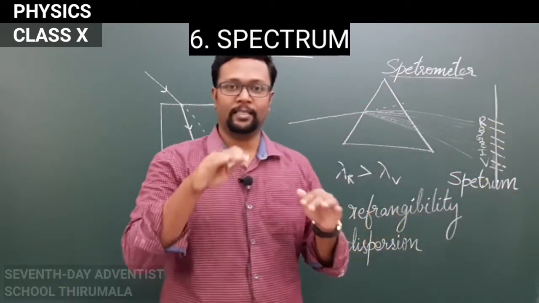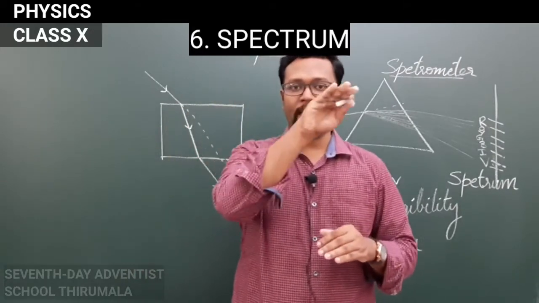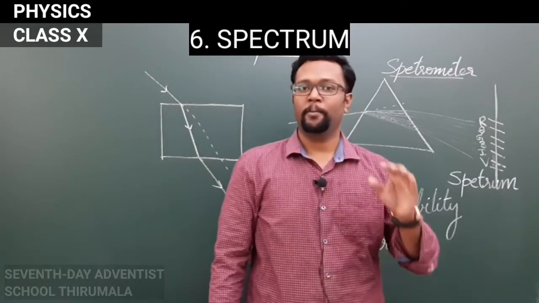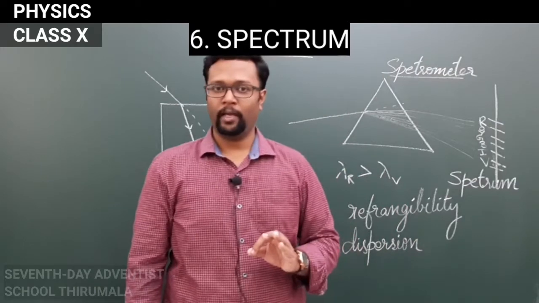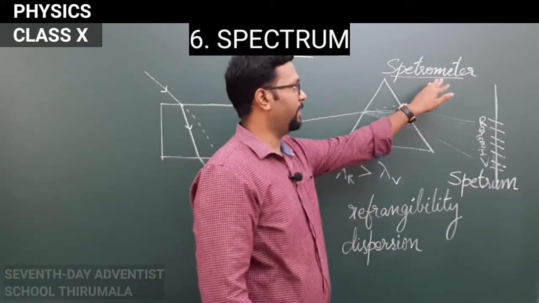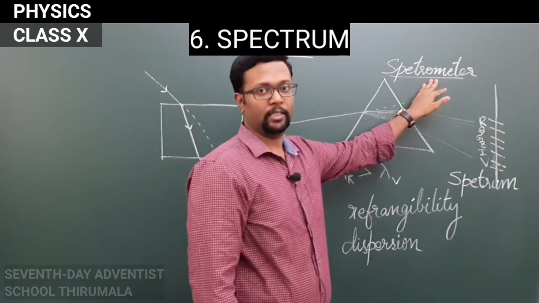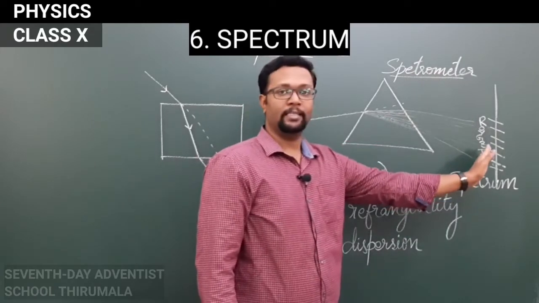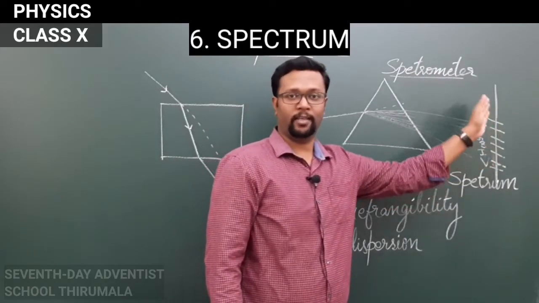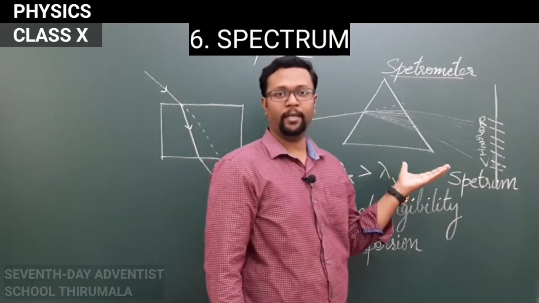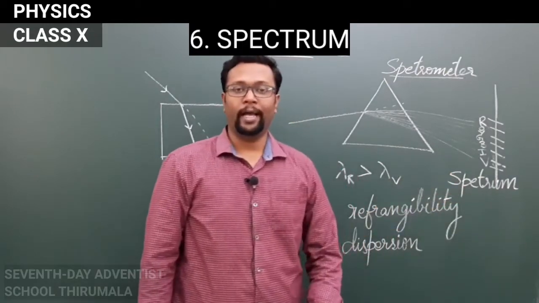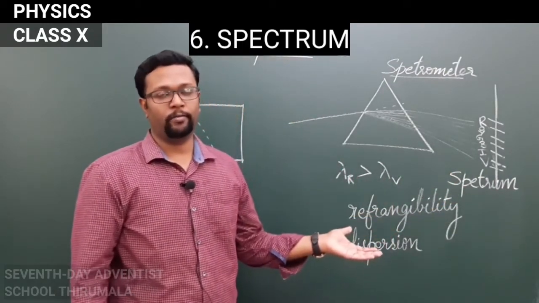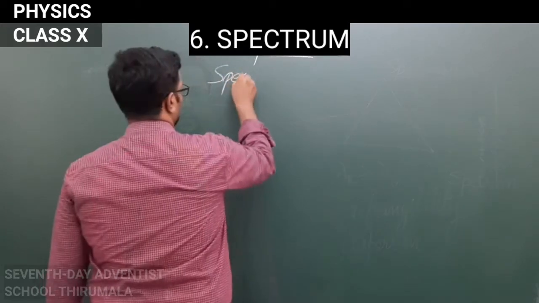If all the colors are separated into different lines, then we call it a pure spectrum. To obtain a pure spectrum, we need a spectrometer. And a spectrum is the band of colors obtained on a screen after dispersion through a prism. I hope this much is clear for you. Now we will move on to the next part.